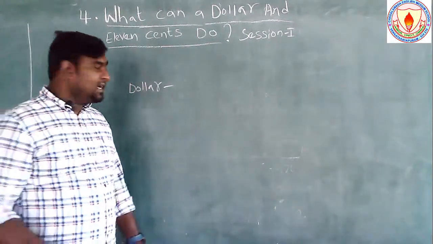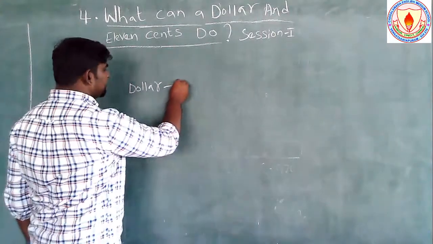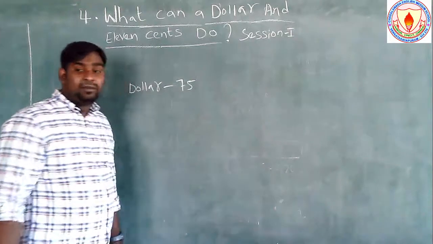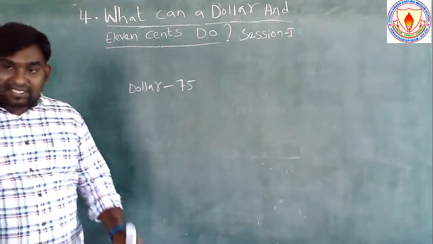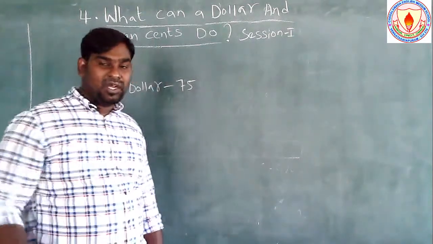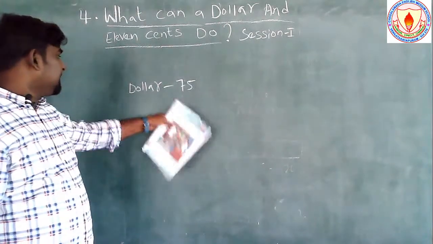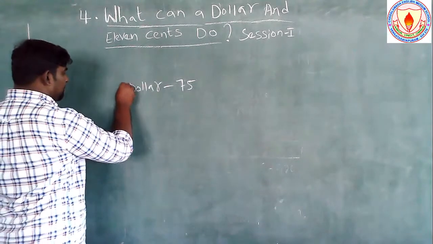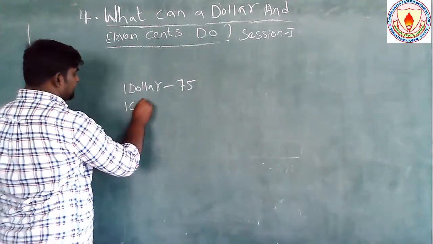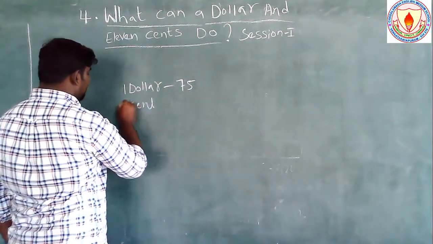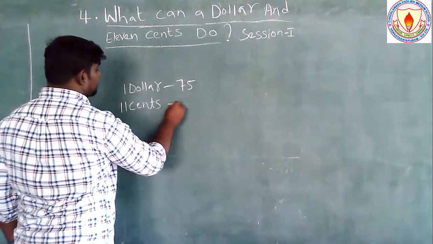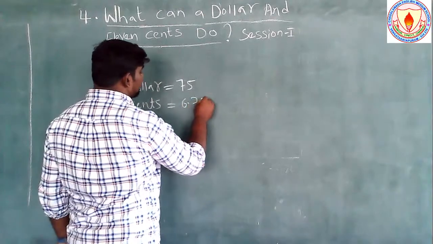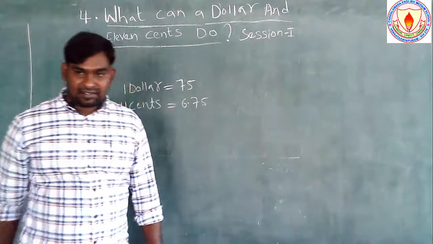Today's rate is $1 equals 75 rupees, and 11 cents equals almost 6.75 rupees or something like that.